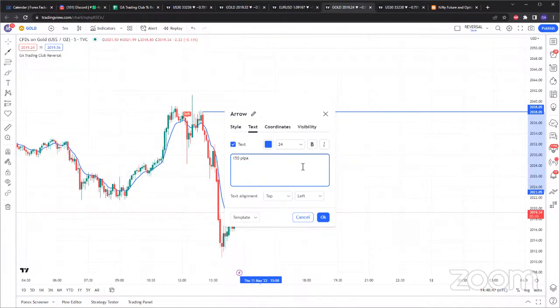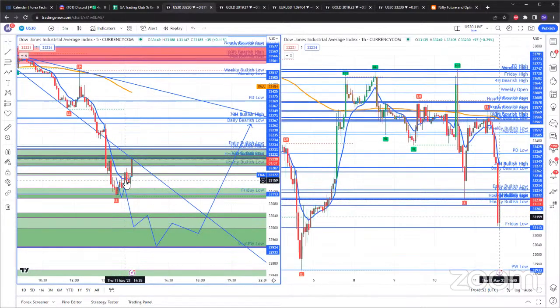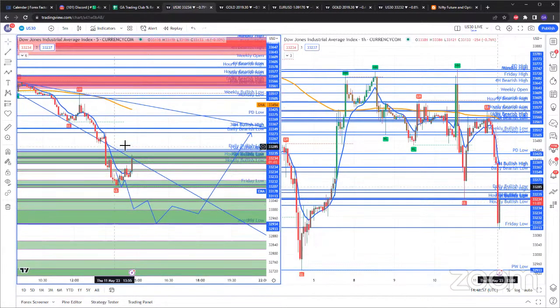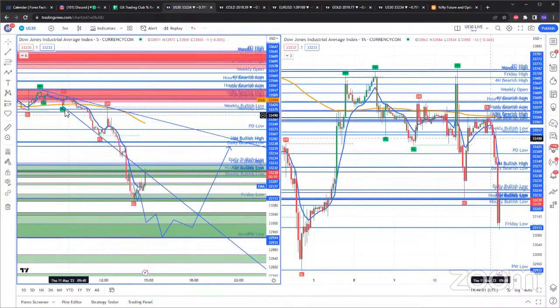So EU, we saw we are not going to get any confirmation of a reversal. US 30 is the same, because US 30 needs to go at least 500 pips. Now, the other trade I can see for US 30, we do have this static trend line.